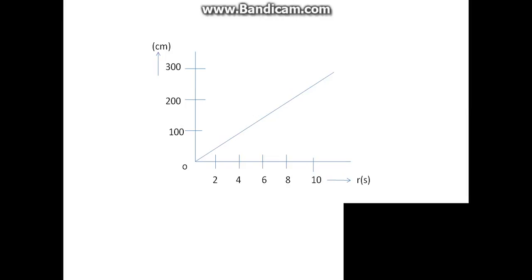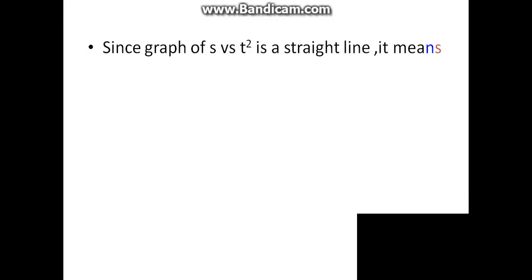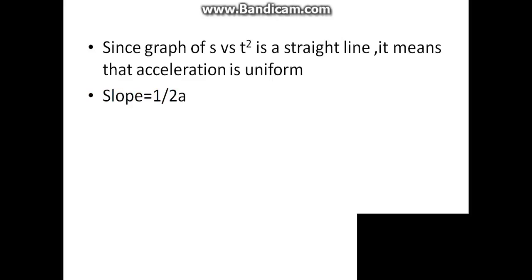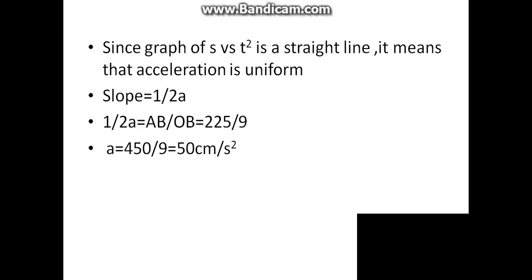And now we have our slope being traced at a point A. Since the graph of distance s versus time squared t squared is a straight line, it means that the acceleration is uniform. Slope is equal to half a, where half a is equal to AB over OB, which is 225 over 9. Making a the subject of the formula, we have 2 times 225 over 9, which gives us 50 cm per second squared.